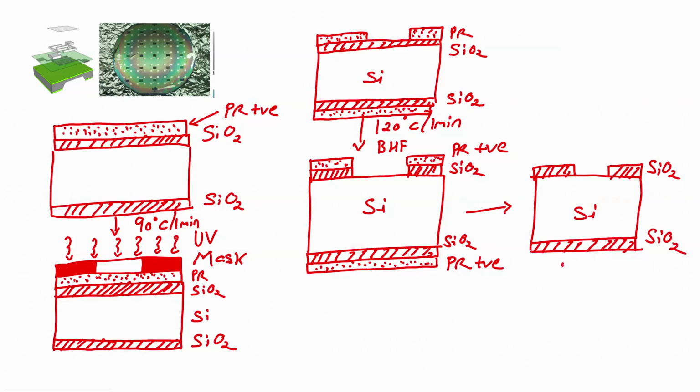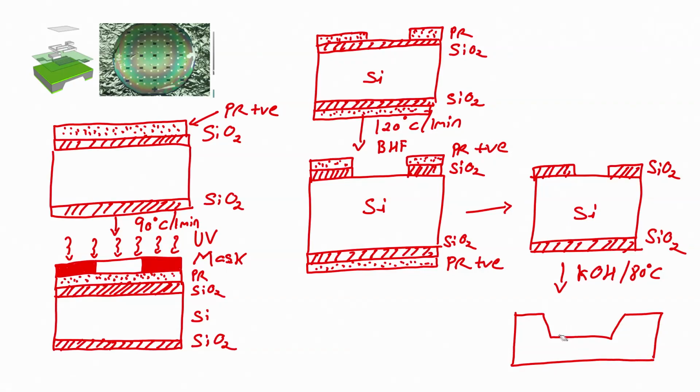Next step would be etching the wafer in KOH at 80 degree centigrade to obtain a diaphragm.